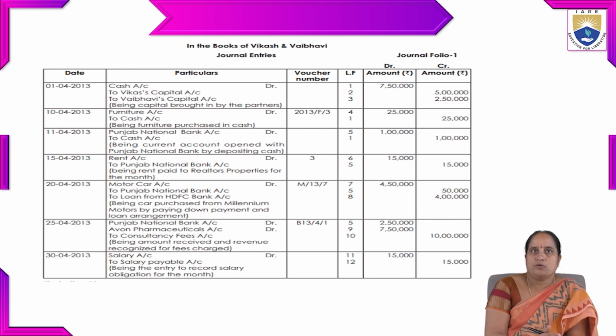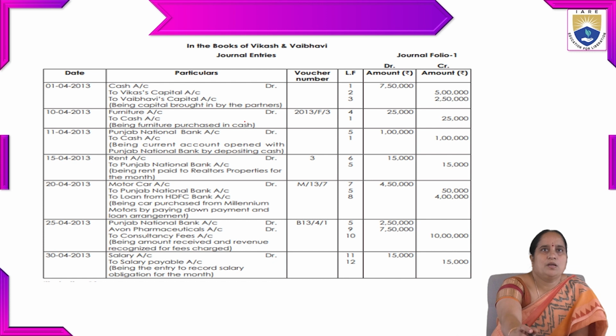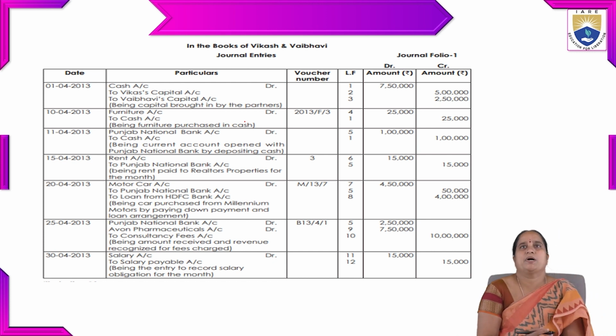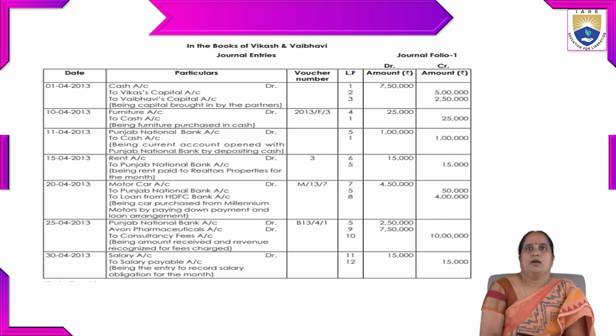The narration we wrote: being capital brought in by the partners. In the ledger folio, the page numbers we mentioned: cash account on first page, Vikas capital account second page, Vaibhavi's capital account third page. The amount invested altogether is 5 plus 2.5, total 7 lakhs 50,000, cash deposited under cash account.